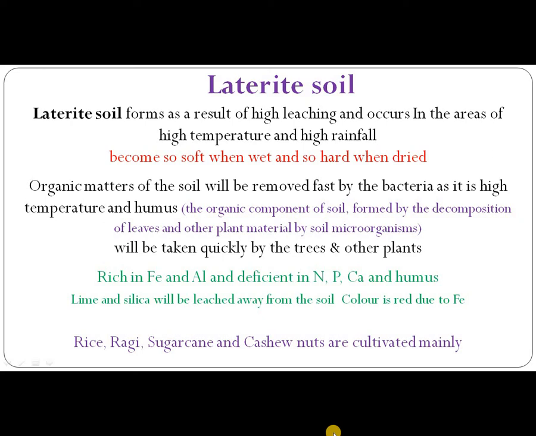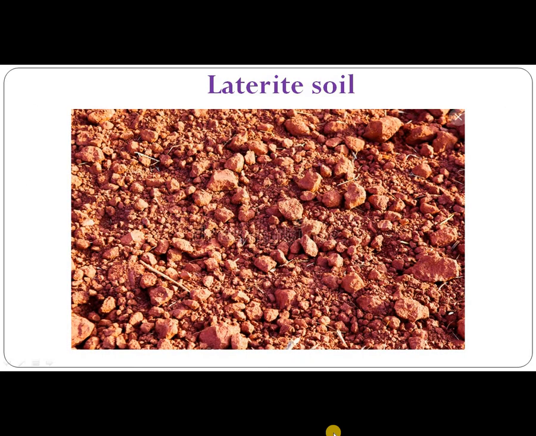Lime and silica are leached away from the soil. Color is red due to the presence of iron. Usually rice, ragi, sugarcane, and cashew nuts are cultivated mainly in laterite soil. This is laterite soil.